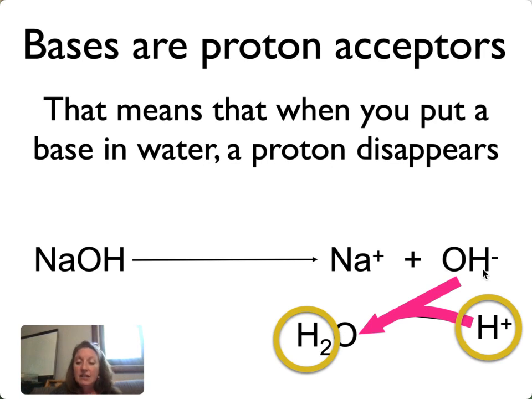Now, this hydroxide looks around and it's like, oh, look at that. There's a proton. I'm feeling the attraction here. We got negative, we got positive. So as soon as hydroxide shows up, it grabs a proton and the two of them combine to form water. The proton disappeared. Therefore, this must be a base.